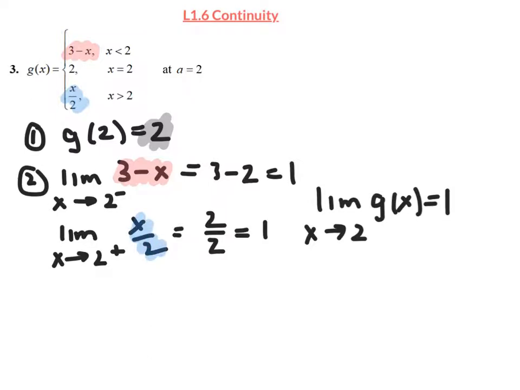Notice 2 things happened here. One of them is from the low side, and one of them is from the high side of 2. And when we solved those, the good news is we got 1, and we got 1, and so the general limit does exist, and our value is 1 as we approach 2.